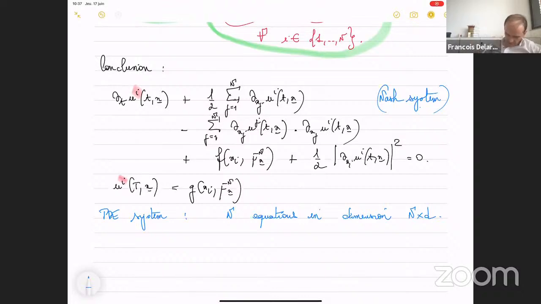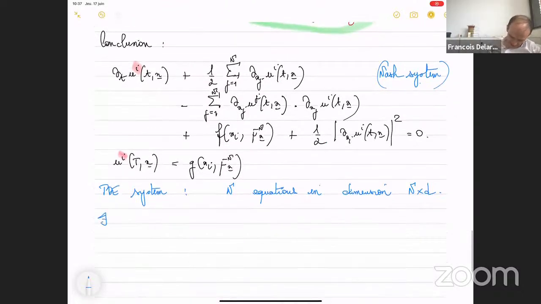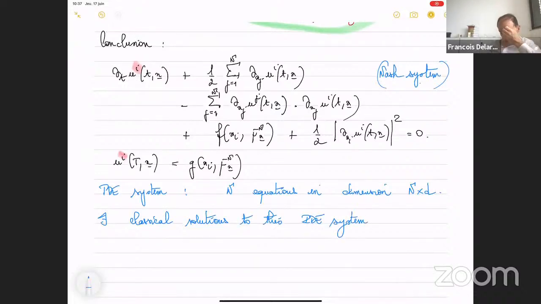Now, what about the existence of classical solutions to this PDE system? Well, there is something that is really nice in this system.